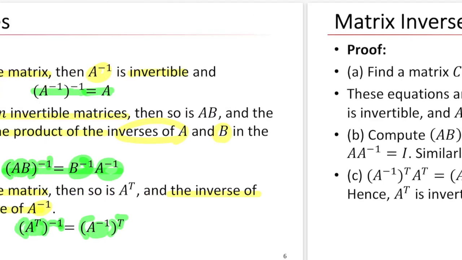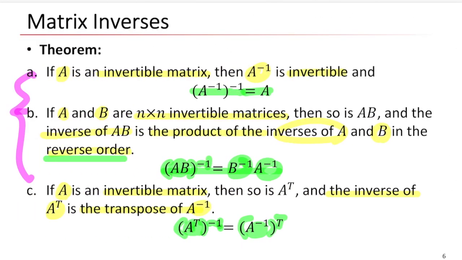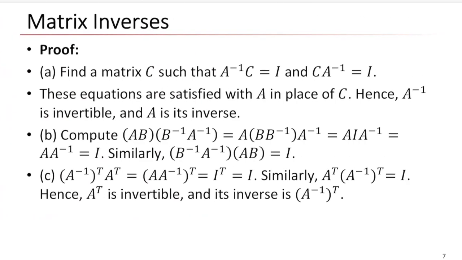First of all, to prove this one, find another matrix C such that A inverse C is equal to the identity matrix and C times A inverse is the identity matrix.